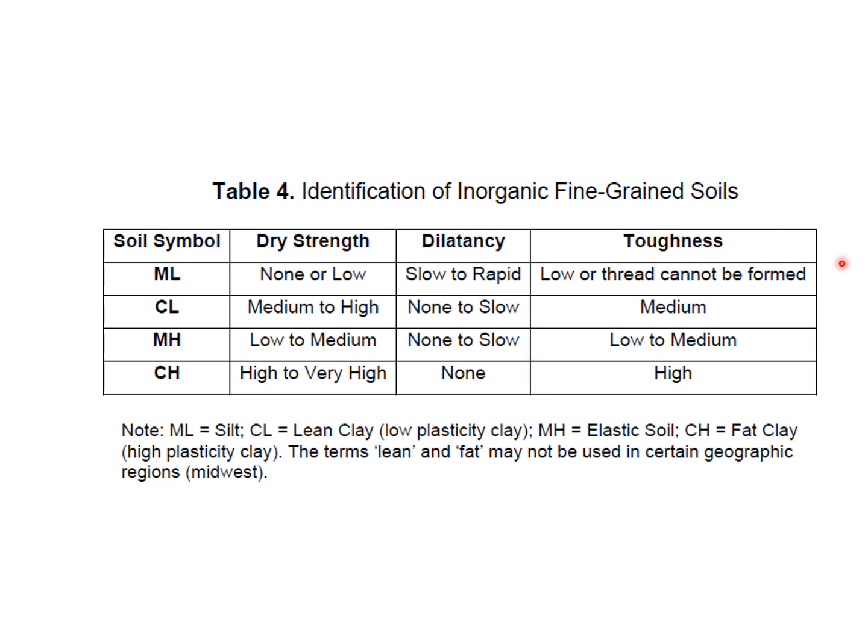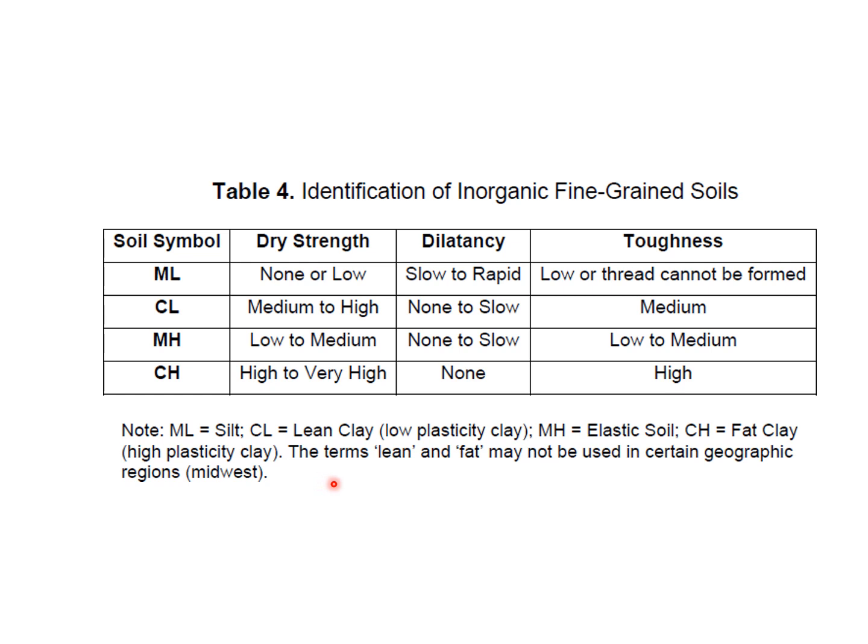And the toughness criteria: for ML, low or thread cannot be formed; for CL, medium toughness; for MH, low to medium; and high for CH. Look at this note: ML means silt, CL means lean clay, low plasticity clay you can say, MH elastic soil or highly plastic silt, CH fat clay or highly plastic clay.